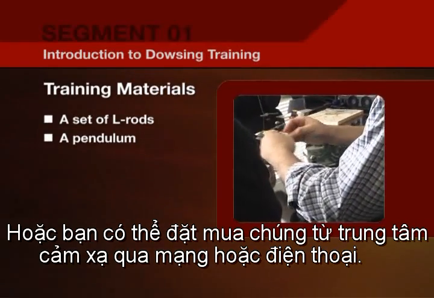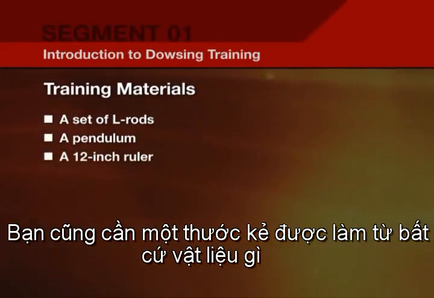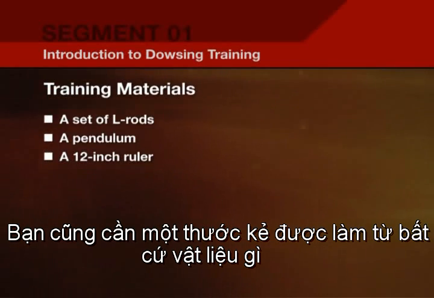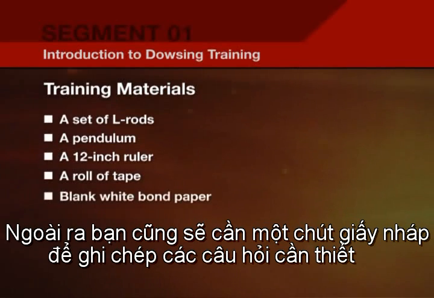You will also need a 12-inch ruler constructed from any material, including metal, plastic, or wood, a roll of scotch or masking tape, a ream of white bond paper for taking additional notes, manually reconstructing templates, and assigning tasks or cues to dowsing targets.